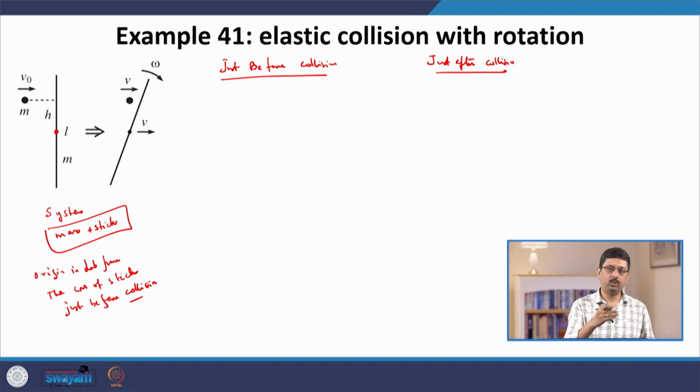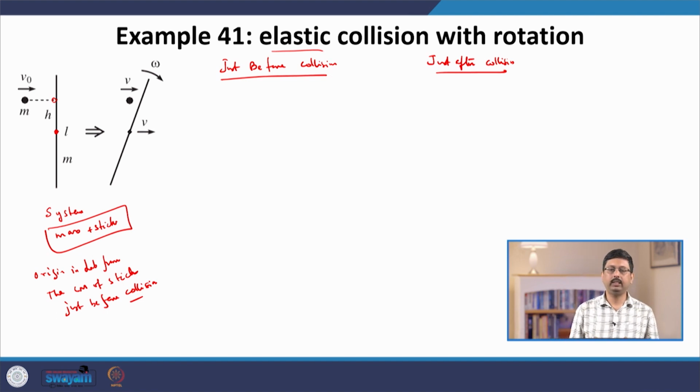Also there is no torque, because if we take this as our origin, at the moment of hitting, the line of action of the gravity will pass through the origin. So there will be no torque. So the momentum will be conserved, the angular momentum will be conserved, and since this is an elastic collision, the kinetic energy of the system will be conserved.